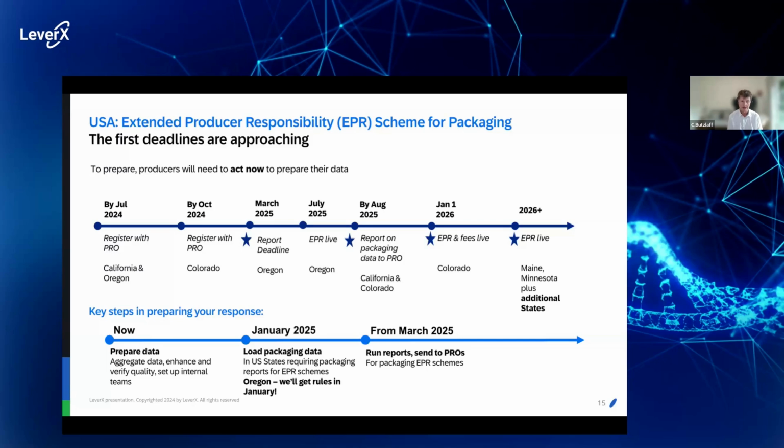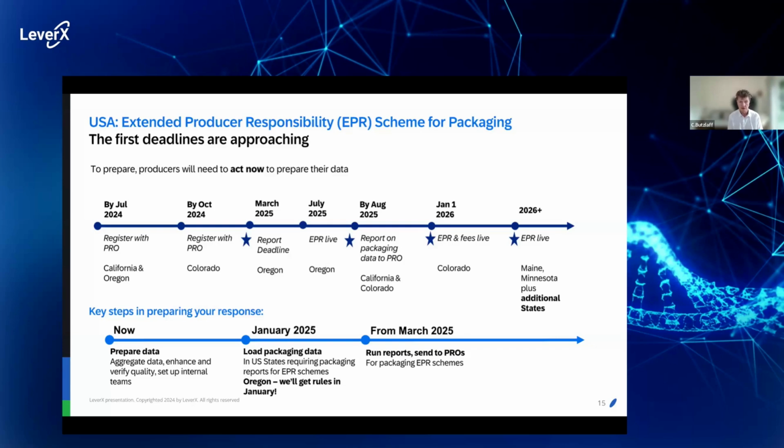So it's really important that we start to prepare the data so that we are able to understand the potential fees which we have to pay. Unfortunately, not all the rules are defined yet. Oregon is expected to come up with the final rules in January. That's why SAP will then react fast to enable our customers to create the corresponding reports which are required, and then pay the corresponding fees.